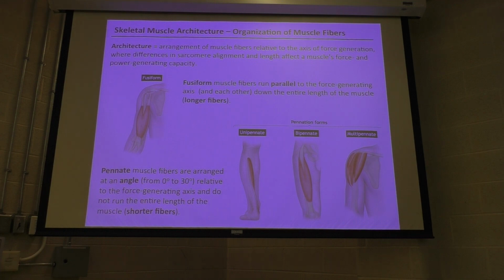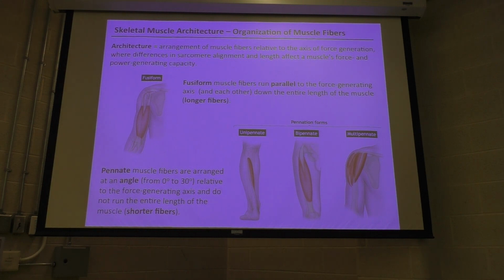does everyone understand what a force generating axis is? Roughly speaking, okay, then I won't go too much into it. So this is a muscle fiber, these are the fibers, and the sarcomeres are oriented like that. Which way is the force generating axis? Where's the force going? Up, exactly. If I draw it like this, which way is the force generating axis?